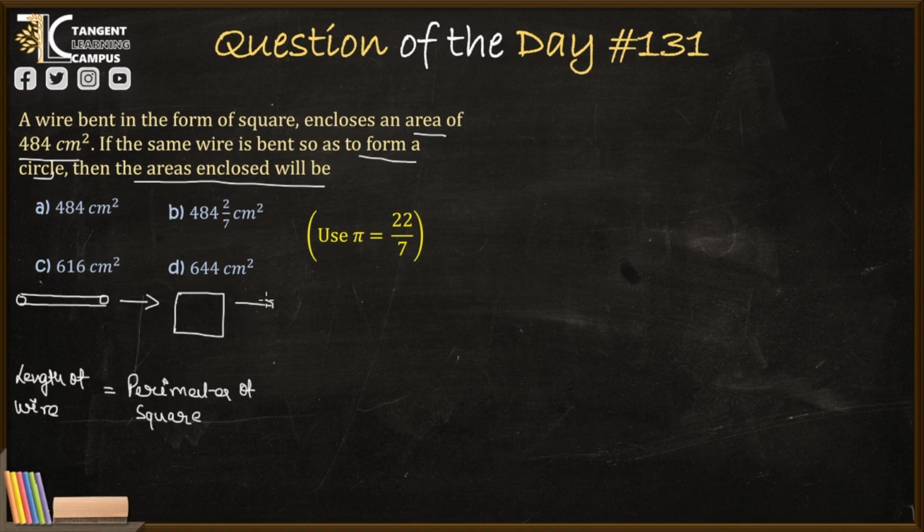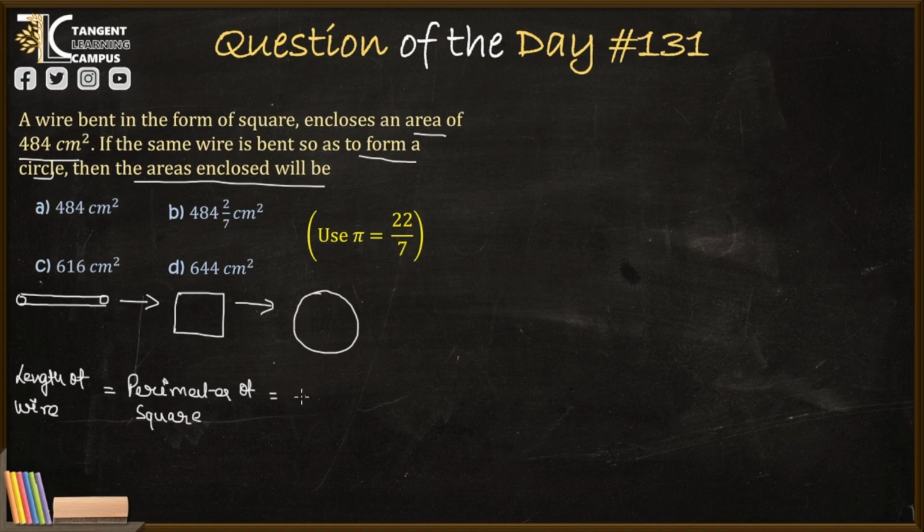Next, coming to the second statement, it is given as if the same wire is bent so as to form a circle. That means again this wire is used and bent in the form of a circle. So the length of wire will still remain the same and will be equals to the circumference of this particular circle.